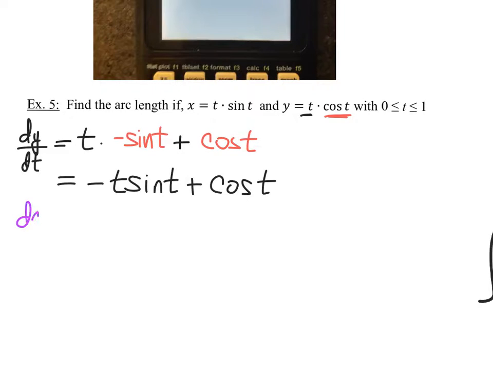dx dt, same idea. Product of two functions. So the first function times the derivative of the second plus the second function, which is just a sine function, times the derivative of the first.